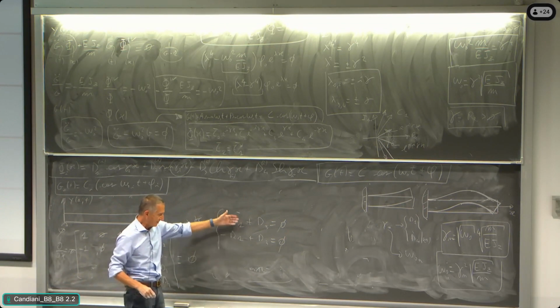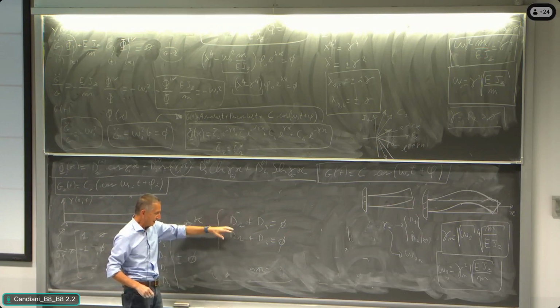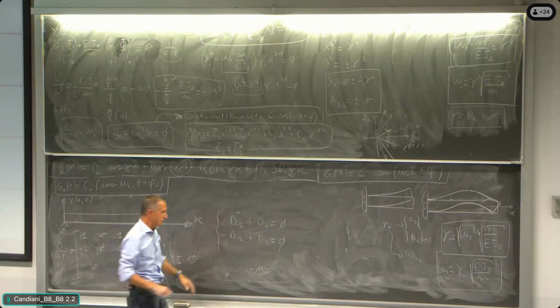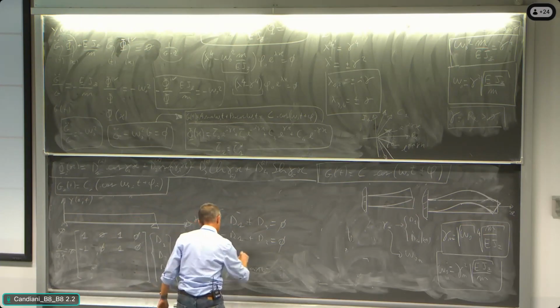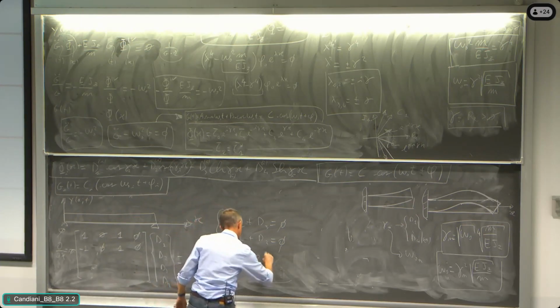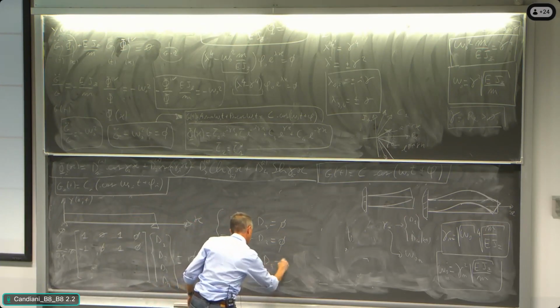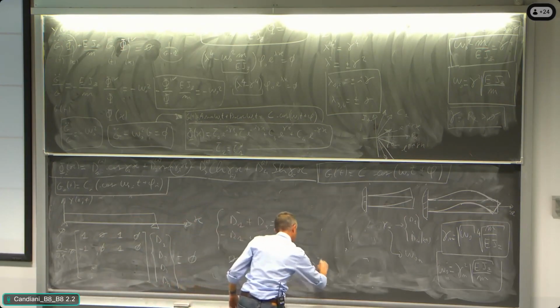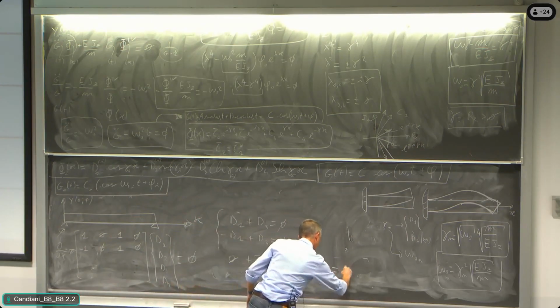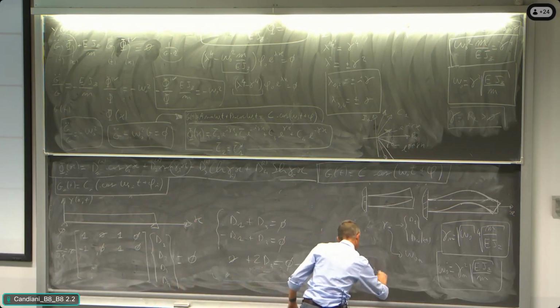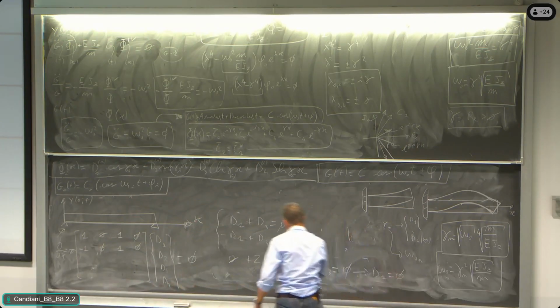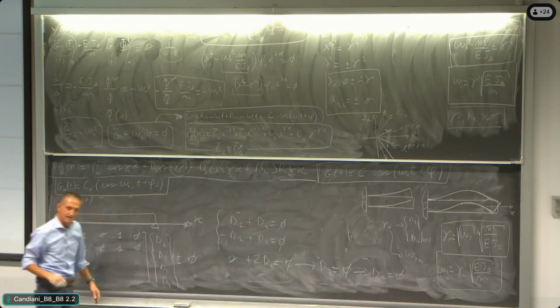If I am adding the two equations, I am writing 0 plus 2D3 equal 0. That means D3 equal 0. That means D1 equal 0. All right? Is it clear?